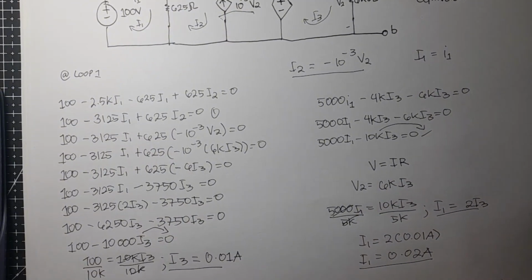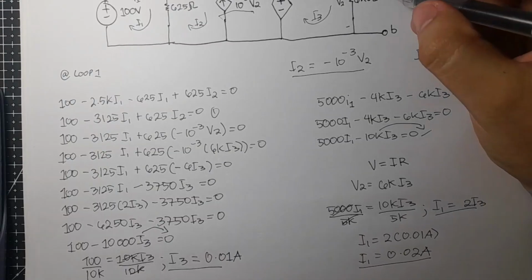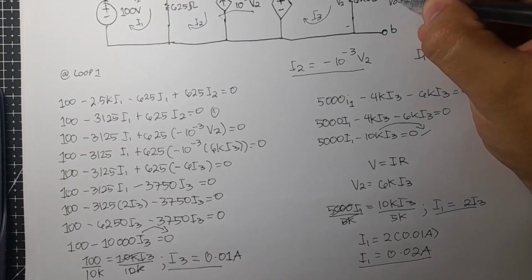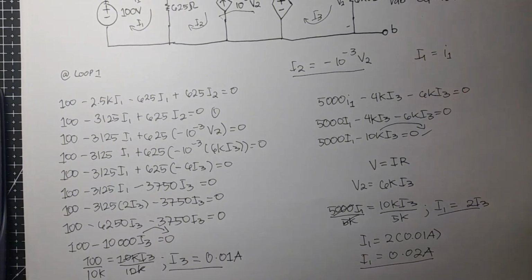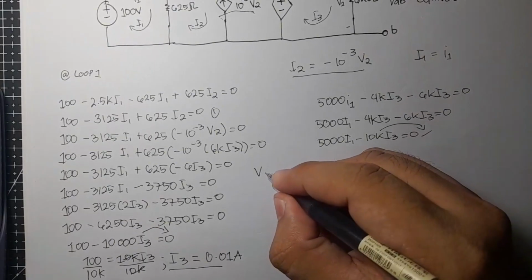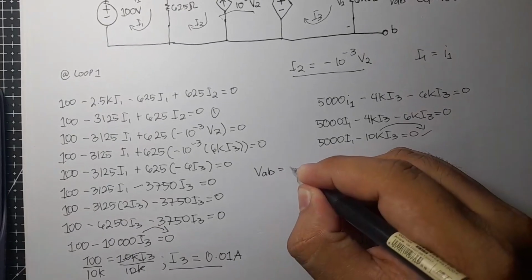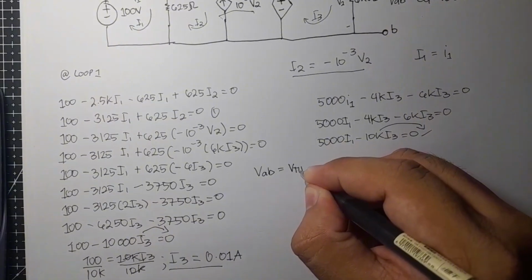Then we can find now the VAB here. So VAB is equal to VTH.